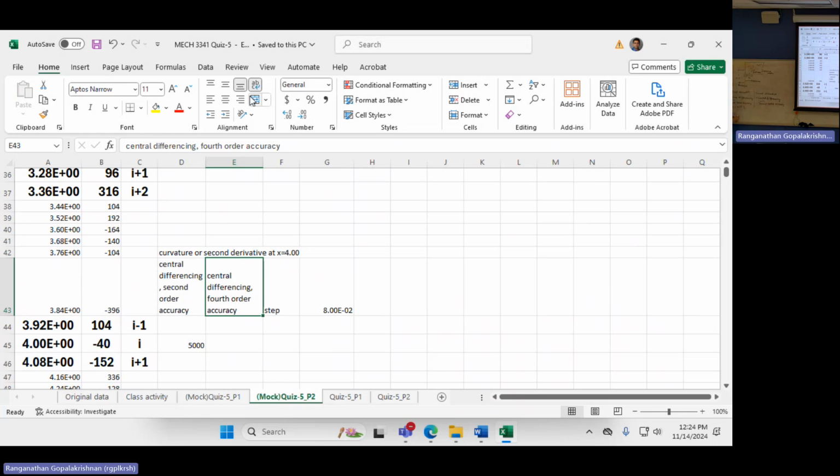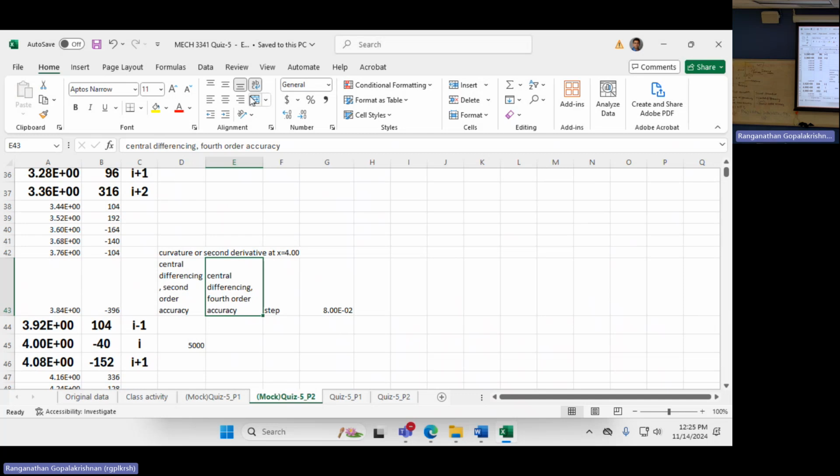So this is minus fi plus 2 plus 16 fi plus 1 minus 30 fi plus 16 fi minus 1 minus fi minus 2, divided by 12 h squared.